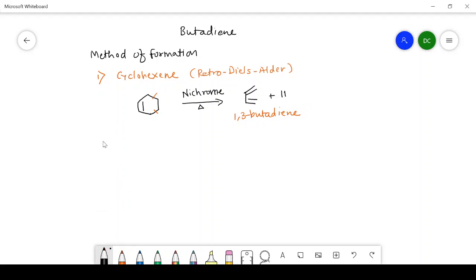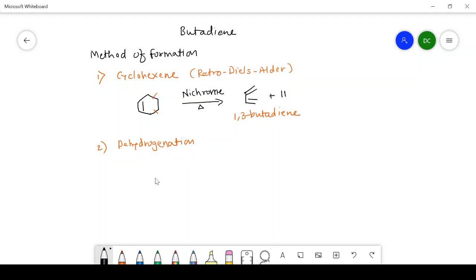The second method is the preparation or formation of butadiene from butane, 1-butene or 2-butene. This is a dehydrogenation reaction, the formation of butadiene by using a dehydrogenation reaction.